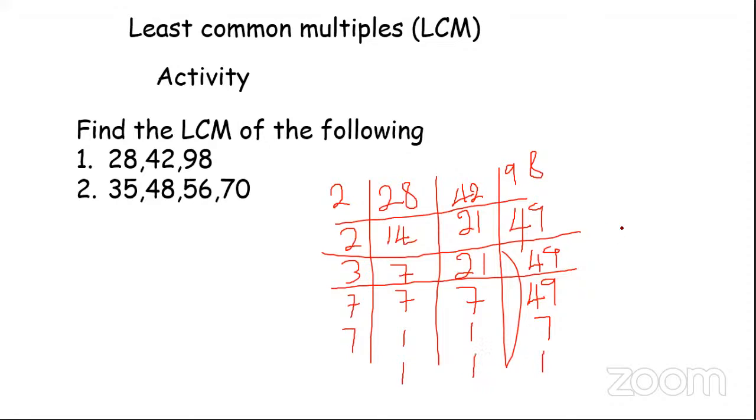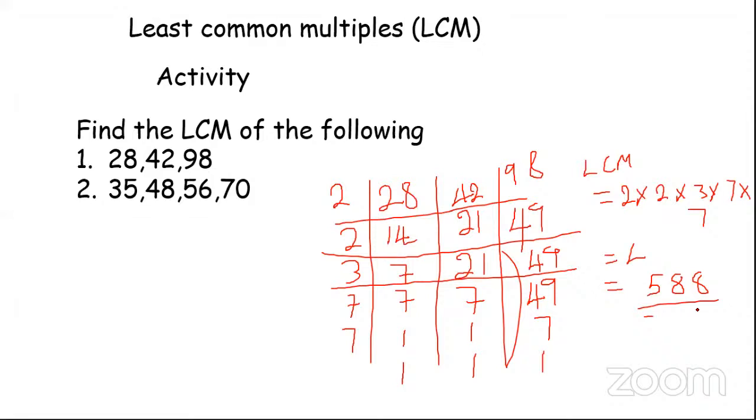So we shall say our LCM is equal to 2 times 2 times 3 times 7 times another 7. That gives us 588. So 588 is our LCM.